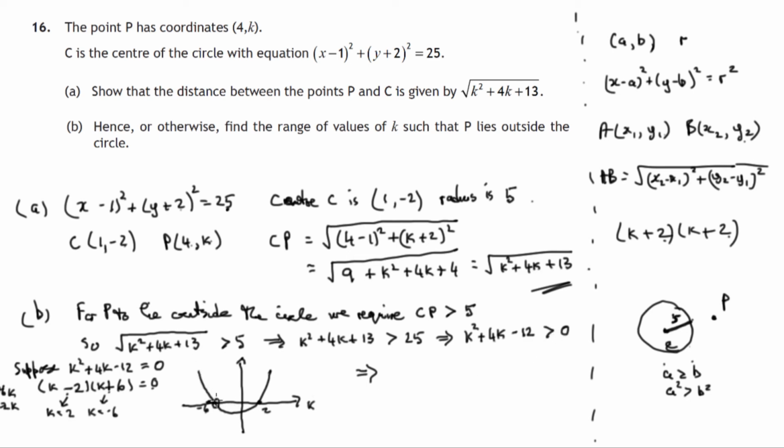So k is strictly less than negative 6, or alternatively, if k is greater than 2, then the values of this quadratic expression, as shown by the heights in this graph, are above the k-axis. They're positive. So k is less than negative 6, or k is greater than 2. That's the range of values of k such that P lies outside the circle.